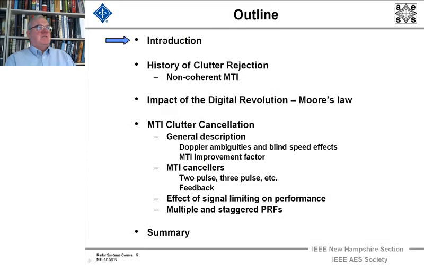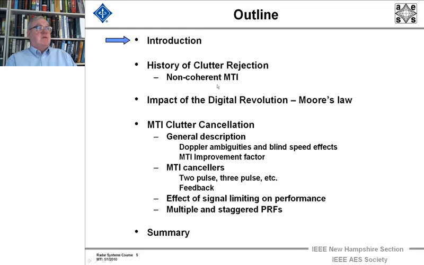Okay, I'm going to break this lecture up into a couple of different sections. This first section I'm going to talk about in 3 20-minute or so pieces. We're going to have an introduction. We're going to look at the history of clutter rejection, non-coherent MTI, moving target indication. That's getting rid of the clutter as best you could without using pulse-to-pulse phase information.